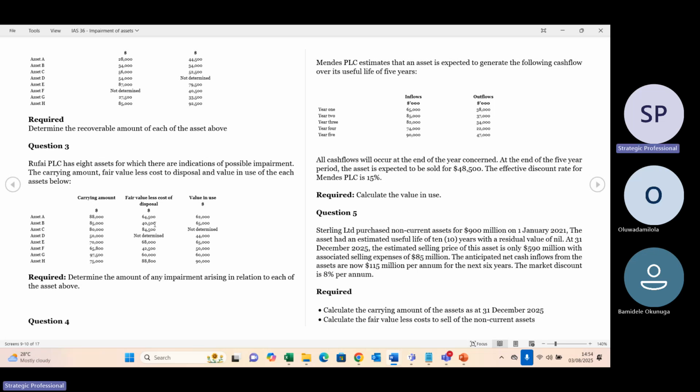So the amount I'm going to make on that asset in the future, what is the value of that now? Because the 100 naira you have today is not the same as the 100 naira you have tomorrow, time value of money. So value in use is you are trying to bring the value of the amount you are expected to make in future to the value now.